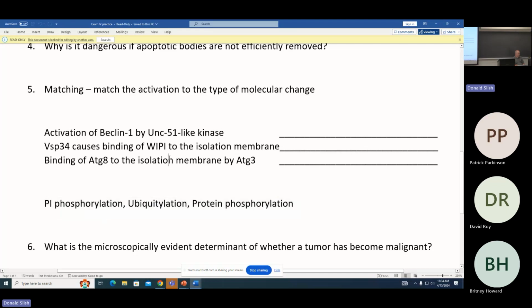So the thing about this pathway that makes it difficult to memorize is that you want to think of ATG as ubiquitin. It's got a very similar structure to ubiquitin, and it's going to be attached to phosphatidylserine, is it, or ethanolamine?